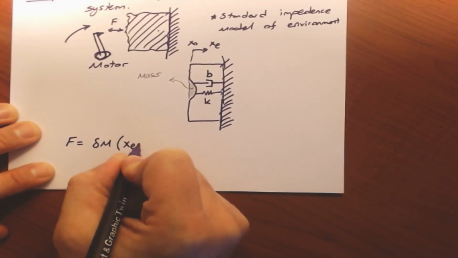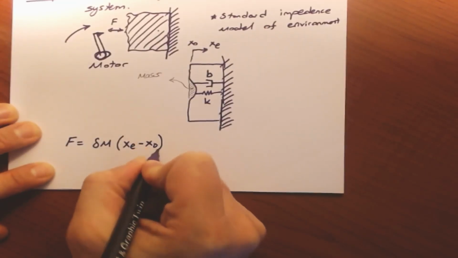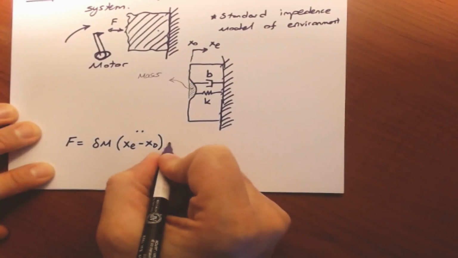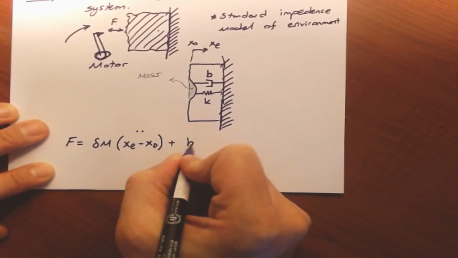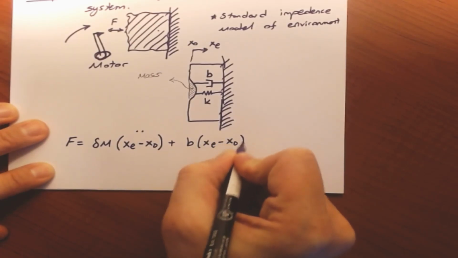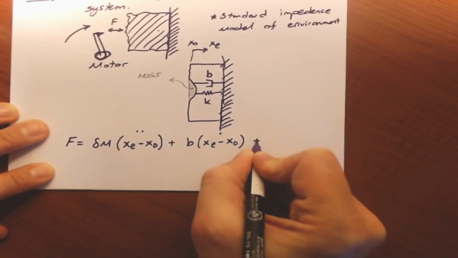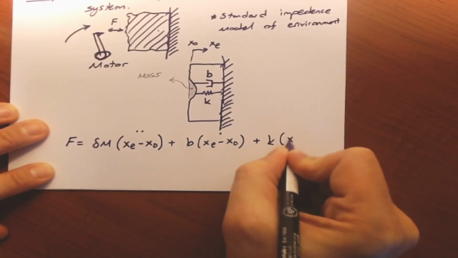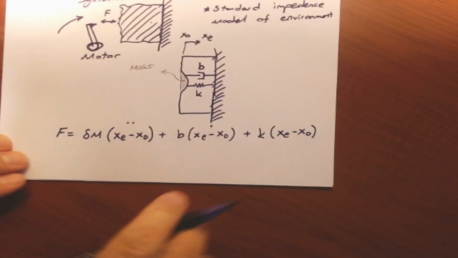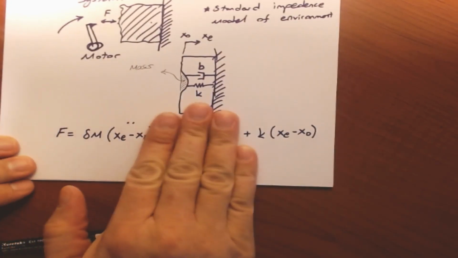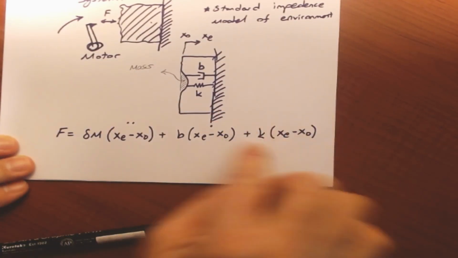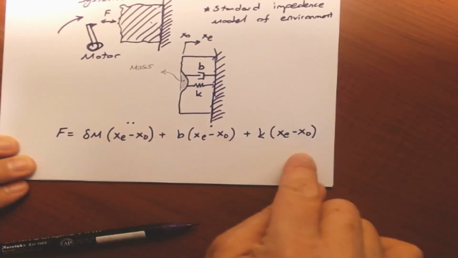If you ignore the first two components and only look at this part, this is the simple standard spring model.